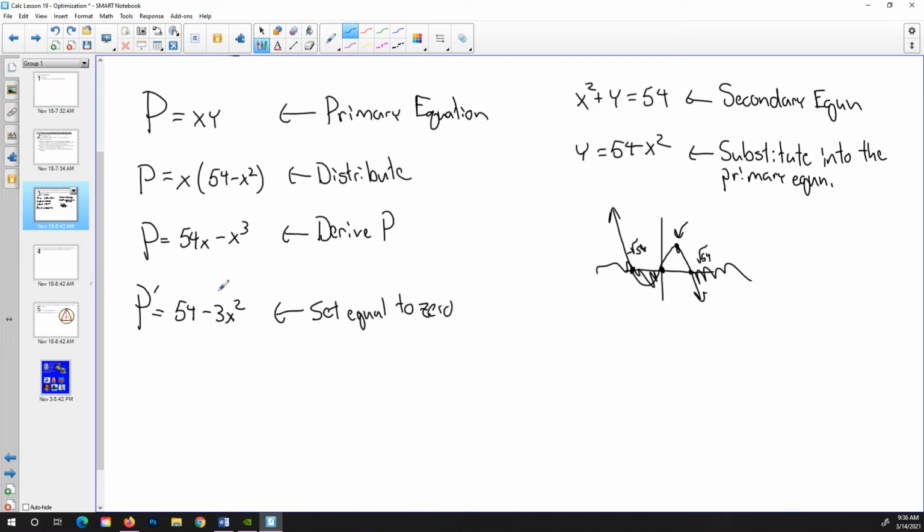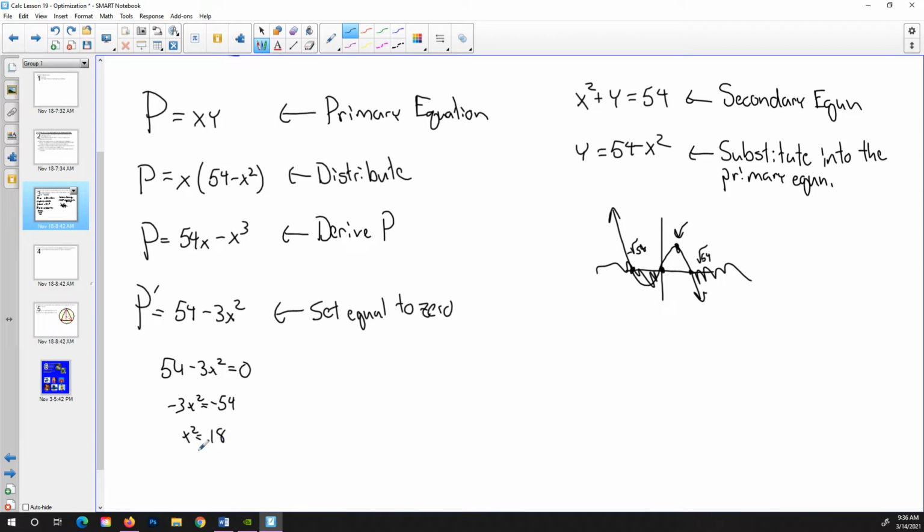And so we go 54 minus 3x squared equal to 0. I bring the 54 over, negative 3x squared equals negative 54. 3 goes into 54. Well, 3 goes into 5 once, and that's 2 left over. And then 3 goes into 24 8 times. So I've got x squared equals 18, and the negatives cancel.